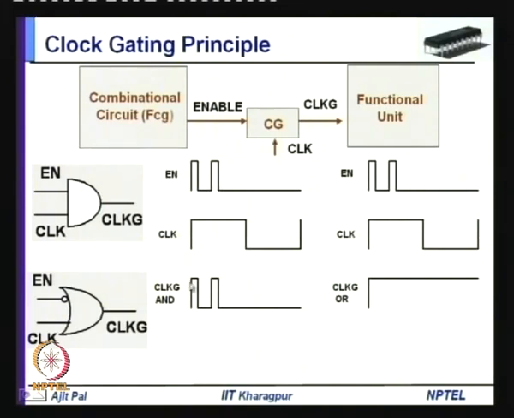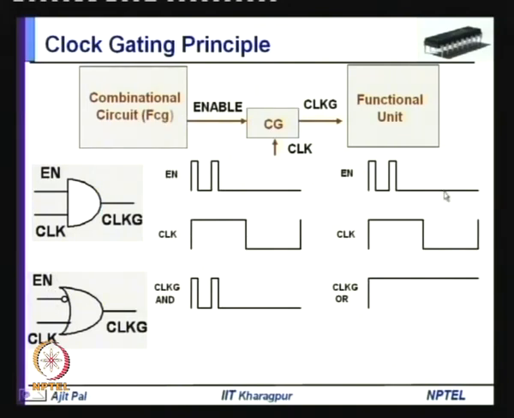So, this type of glitching has to be prevented. Fortunately, this type of glitching is prevented in this OR circuit. How is it prevented? Whenever the enable signal goes from 0 to 1, as we know, the gate is activated only when it is 0.